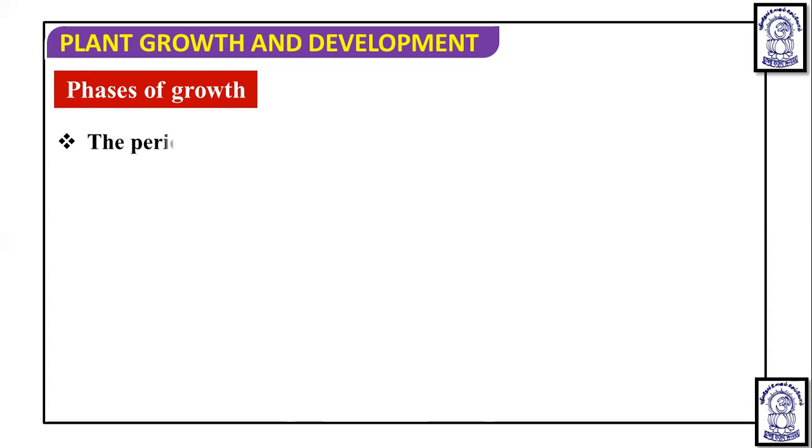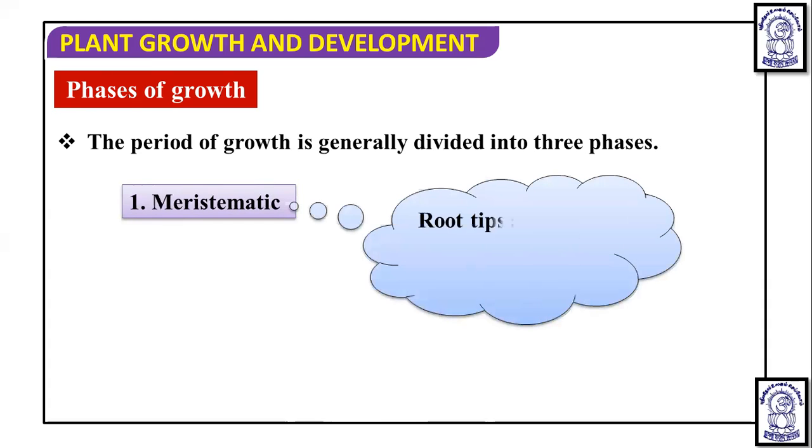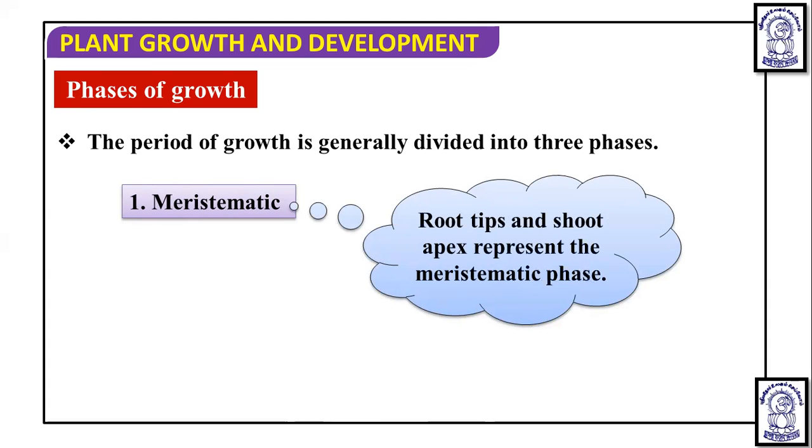Okay. Now next, after this measurement of growth, we are going to study the phases of growth. If you want to understand the phases of growth, the period of growth is generally divided into three phases. That is the meristematic phase, where the root tip and shoot apex represent the meristematic phase.